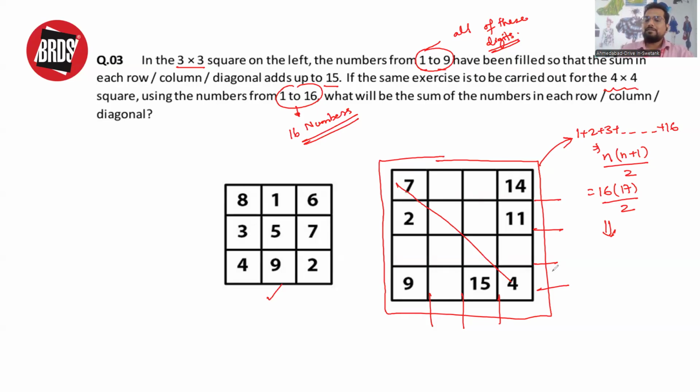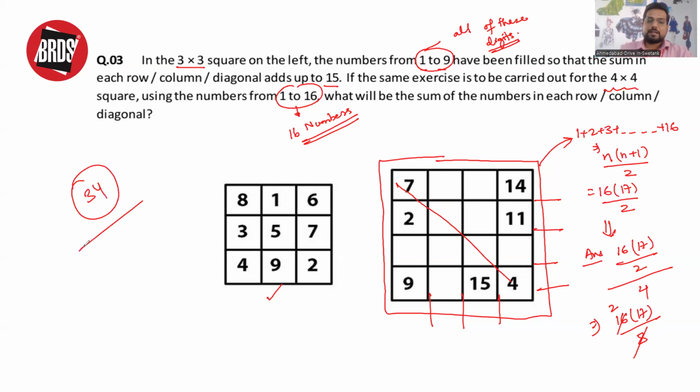That means we have to divide into 4 parts. So my answer is going to be 16 into 17 divided by 2 divided by 4, which becomes 16 into 17 divided by 8. The 2 cancels out, and the answer for the question becomes directly 34.